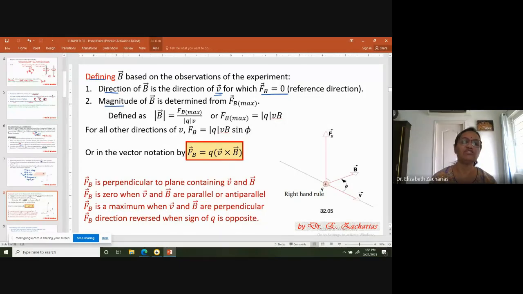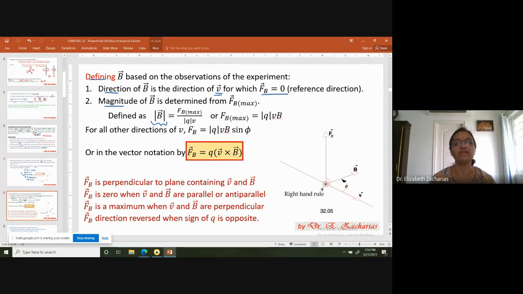Next, you need the magnitude of the magnetic field. To get the magnitude, you're going to take the perpendicular direction where the magnetic force was a maximum. Now you're going to define the magnitude as FB max divided by modulus Q times V, where FB max is the maximum magnetic force.